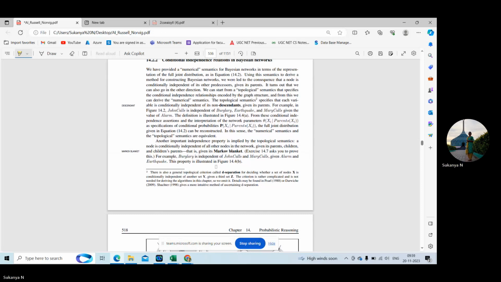The second example is burglary and earthquake are conditionally independent of John calls, but the parent is the same alarm. Right. So both statements state that the nodes are conditionally independent of its non-descendants given its parents.